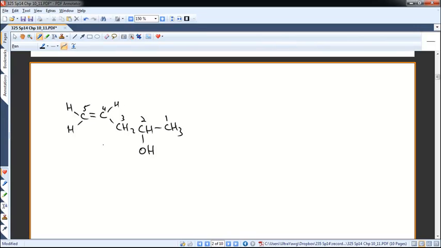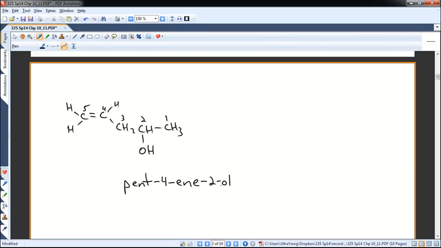In this case we don't have to worry about cis and trans, and we don't have to worry about E and Z either. So this would be 5 carbons, pent. Since there's a double bond at the 4 position, it'll be pent-4-ene. And at the 2 position, we have alcohol, so 2-ol.